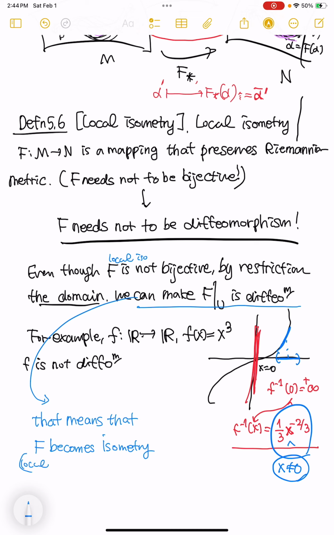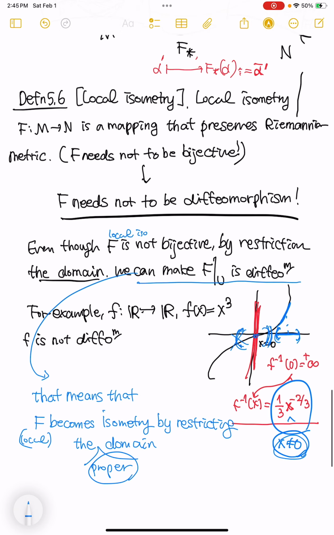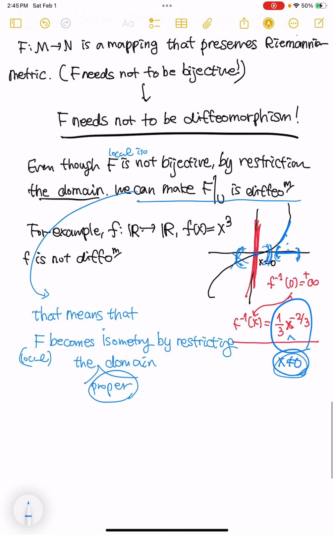A local isometry becomes an isometry by restricting to a proper domain. If we restrict to this area, it contains 0, so this is not a nice proper domain. That is a proper domain.